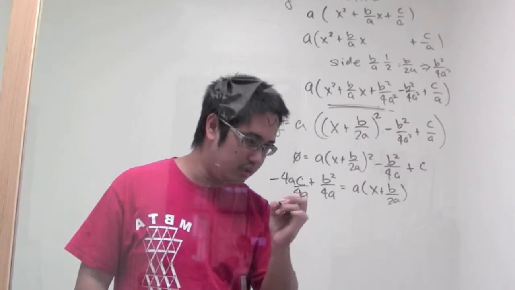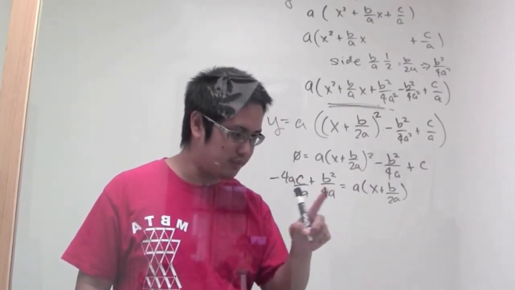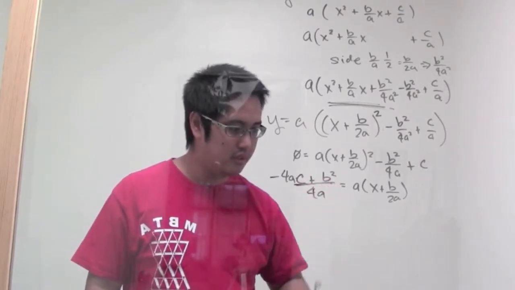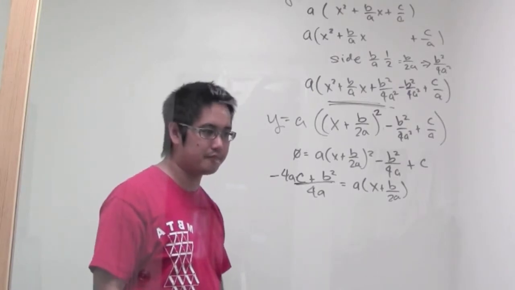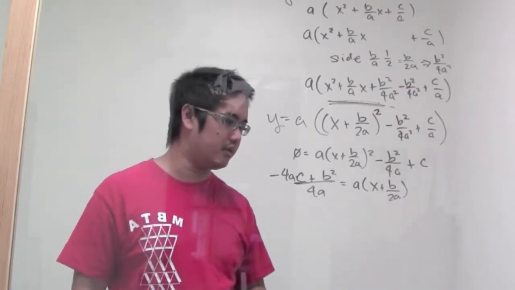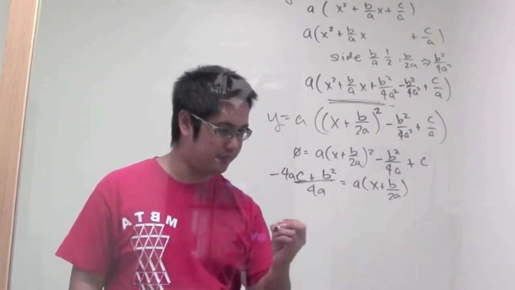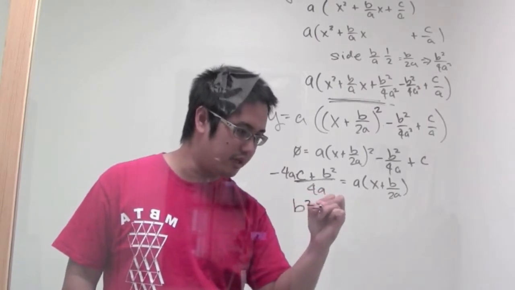Next thing we're going to do, well, I guess I can just put this whole thing over the common denominator. I haven't really done anything freaky yet. Alright, all I'm going to do is divide both sides by a. So why don't I just rewrite this bottom part a little bit nicer. I've got b squared minus 4ac.